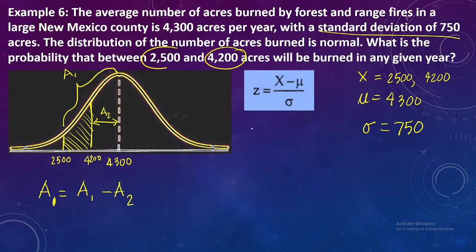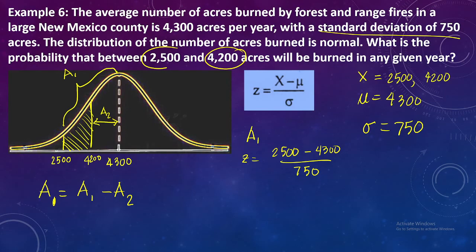So to get area 1, let's focus on area 1 first. The z is, we have 2,500 minus 4,300 divided by 750. Just solve this. 2,500 minus 4,300, that's negative 1,800.